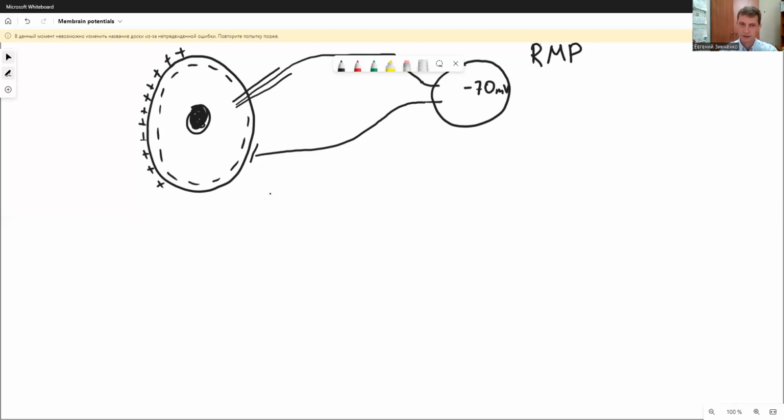Another type of transportation uses ion channels with properties of specificity and selectivity, with a gating mechanism and without a gating mechanism. So generally, for any excitable cell, we can describe this semi-permeability as follows.